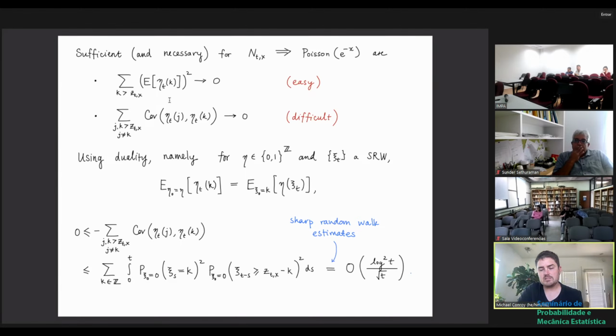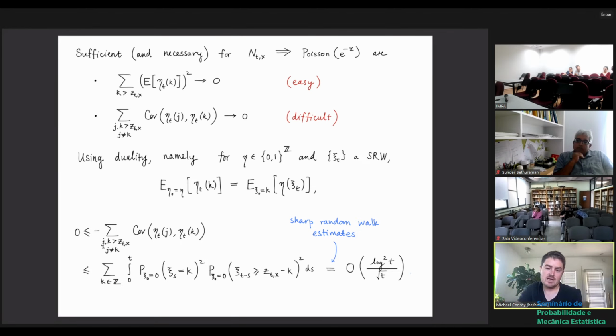And the form of duality we use is this one, where the expected value of an occupation variable when the system starts at some configuration eta is equal to the expected value when continuous time simple random walk starts at k of that configuration, at the point where the simple random walk is.